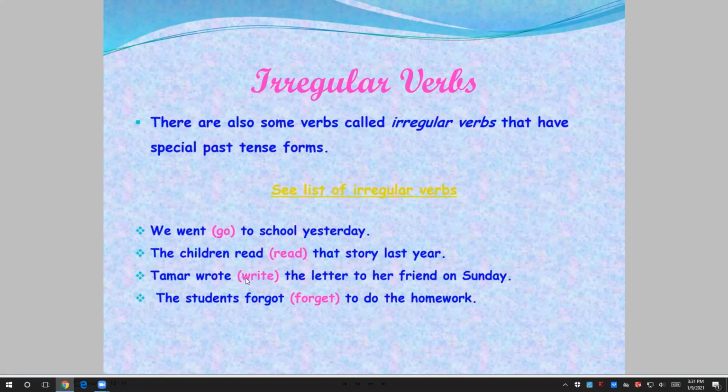Tamar wrote the letter to her friend on Sunday. The students forgot to do the homework. These are some of the examples of irregular verbs. So when you have irregular verbs, you need to know what the past and past participle form should be. There are no rules.